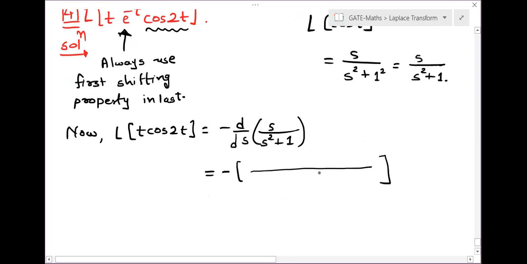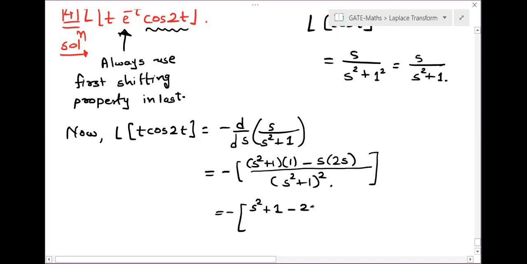So already we have found its differential, or not. Denominator constant, differential of s is 1, minus s constant, differential of s square is 2s. And in denominator we'll be having s square plus 1 whole square. So now this will become s square plus 1 minus 2s square divided by s square plus 1 whole square.